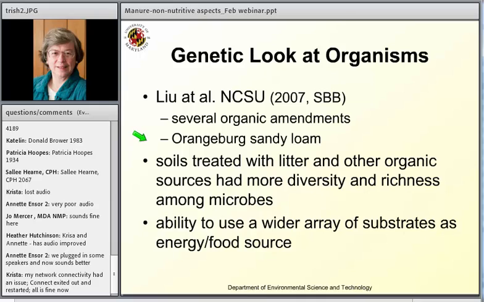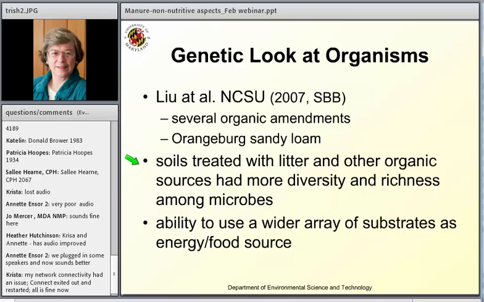So they treated the soils both with litter and with other organic sources, and they looked at things like the diversity and the richness of the soil organisms across those treatments. What they found was that the treatments that had gotten organic nutrient sources, as opposed to commercial nitrogen and commercial NPK, were much more diverse and rich.